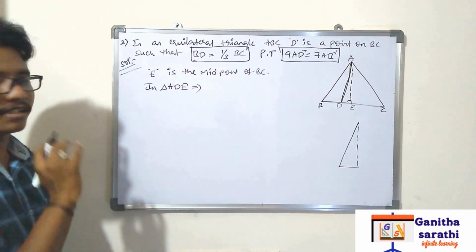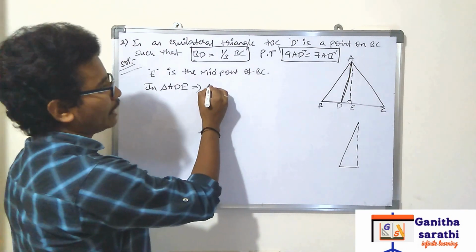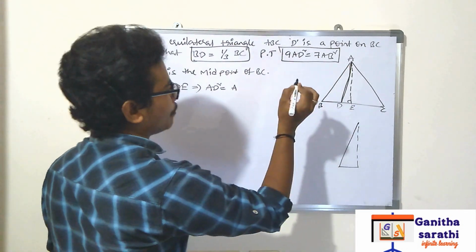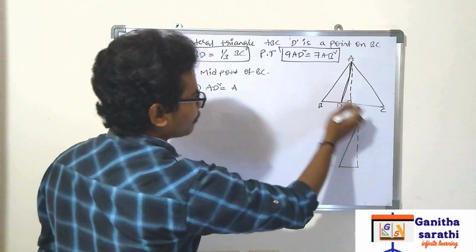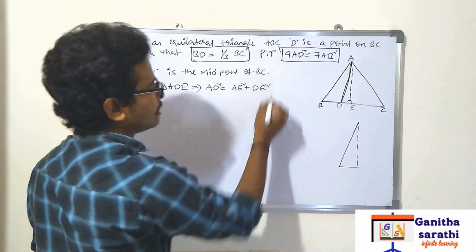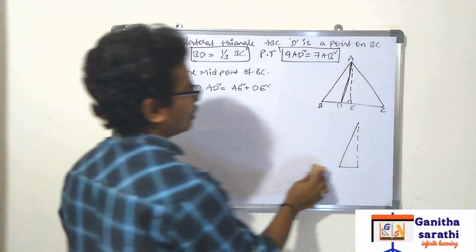We will use Pythagoras theorem. By Pythagoras theorem, AD square is the hypotenuse, is equal to AE square plus DE square. That is our first equation.